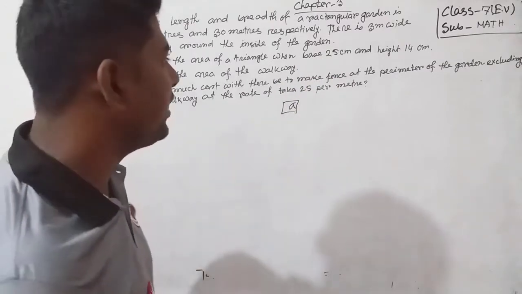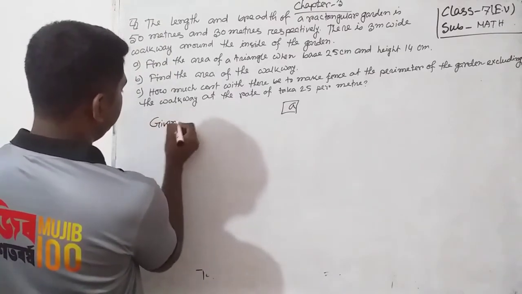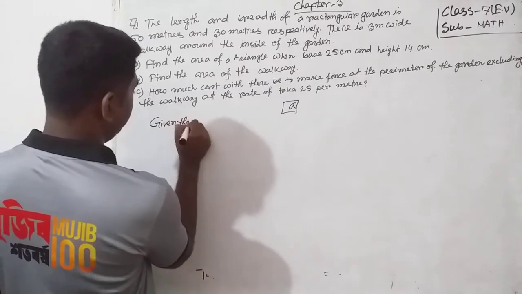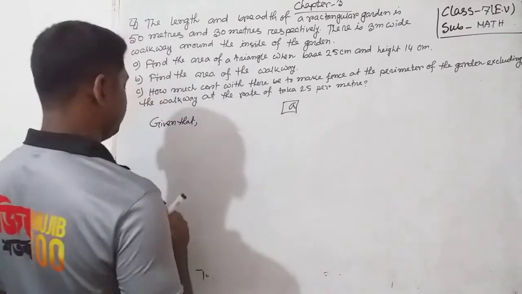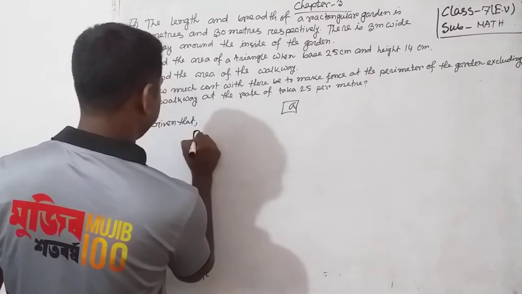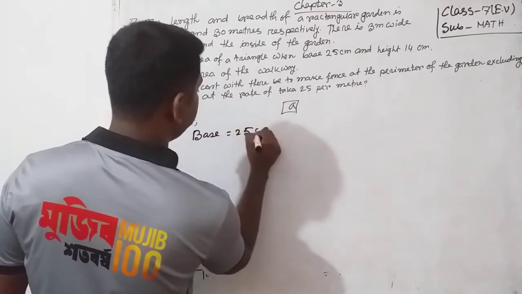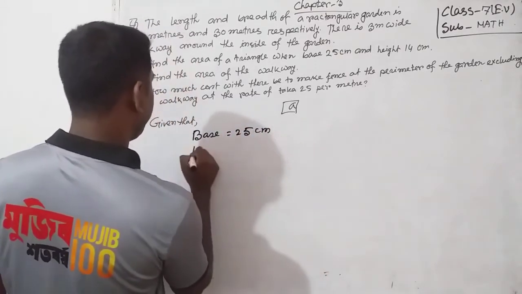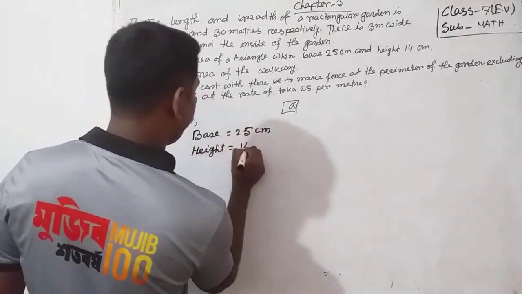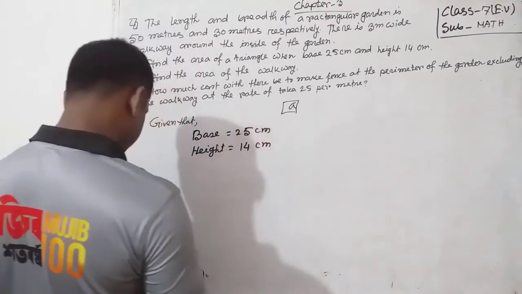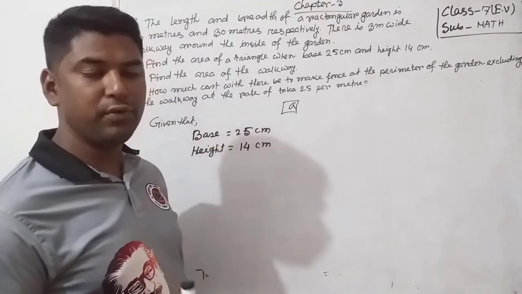So we can write, given that base equal 25 centimeter, height equal 40 centimeter. We know the area of a triangle equals half into base into height.